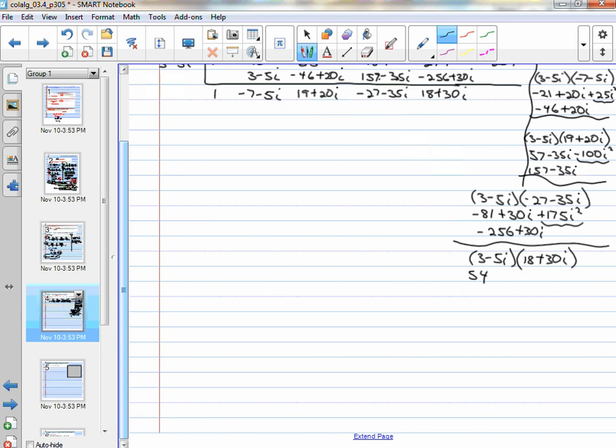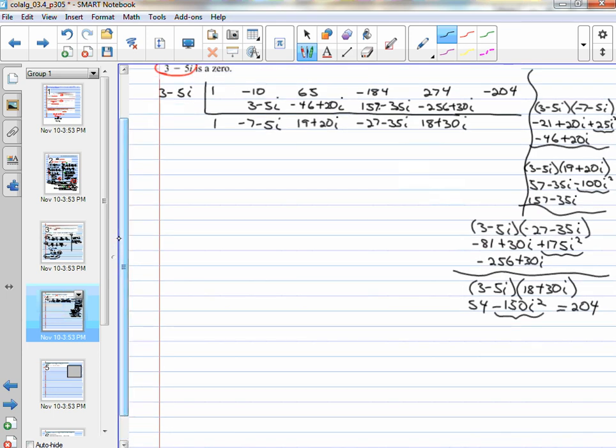What's 5 times 18? 90. 90i minus 90i, ooh, they're gone. Last terms. Negative 150i squared, which really means plus 150. So what does that give me? So I multiplied those two together and I got 204.